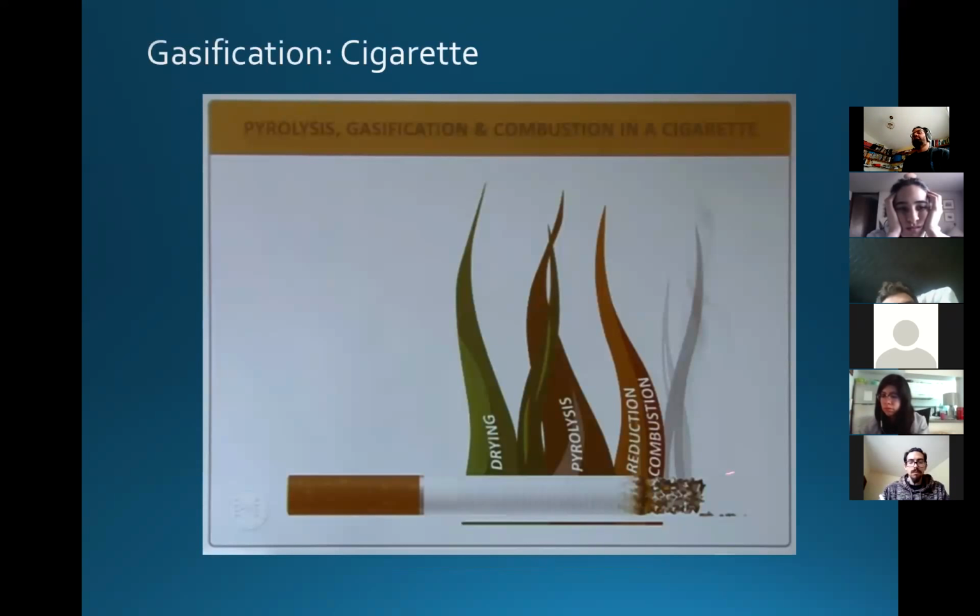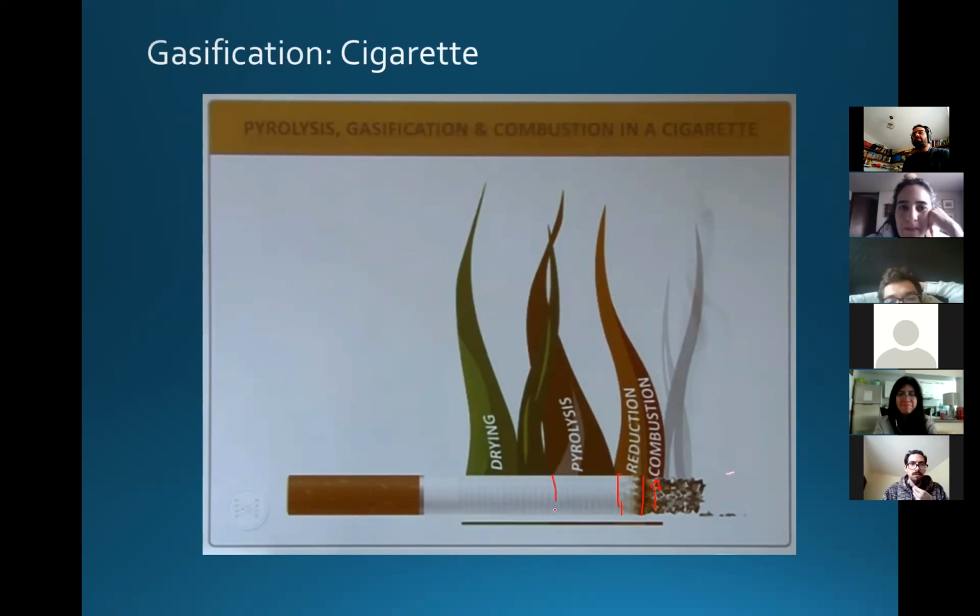So just, you are very healthy guys and you don't smoke, but just for the people around you that smoke, you should know that in a cigarette you have a gasifier, a small gasifier. When you burn it in the tip of it, you have, of course, the combustion that fuels all the other reactions, right? So after the combustion, with a little bit of oxygen in this space, you have the reduction, so the production of carbon monoxide, that is a poisonous gas, and hydrogen, that doesn't matter.